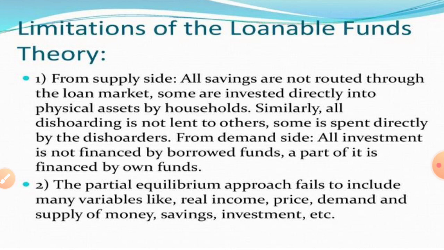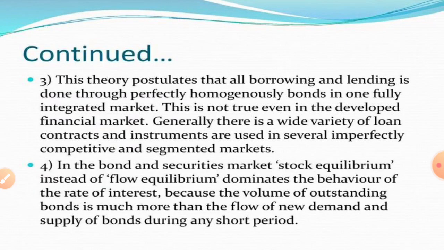Second is the partial equilibrium approach fails to include many variables like real income, price, demand and supply of money, saving, and investment, etc. Third, the theory postulated that all borrowing and lending is done through the perfect homogeneous bonds in one fully integrated market. This is not true even in the developed financial market.